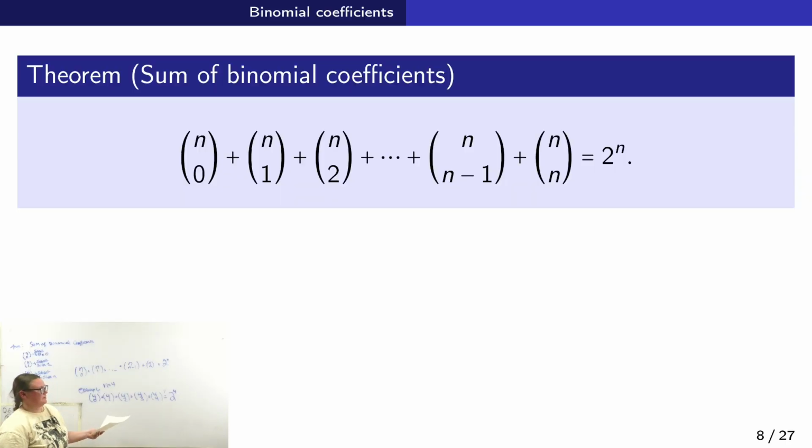I think that's 16, right? Sweet. Okay, 4 choose 0, what's that? What's that, Hannah? Oh, it's 1, okay. 4 choose 1, what's that? Nice. 4 choose 2, what's that?